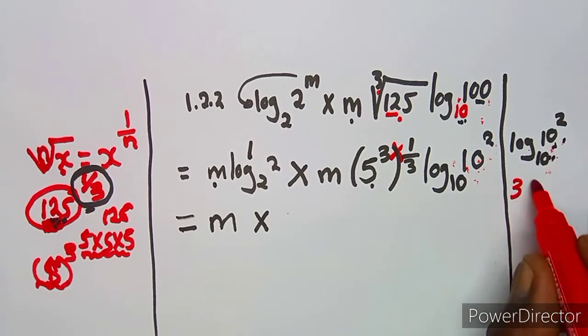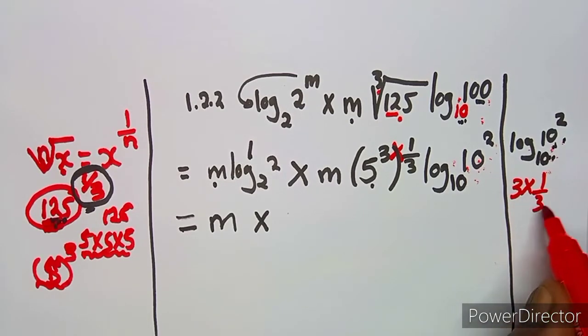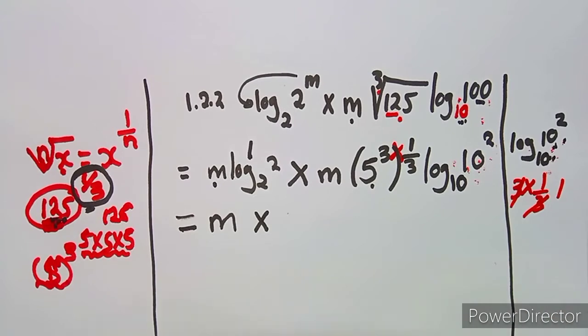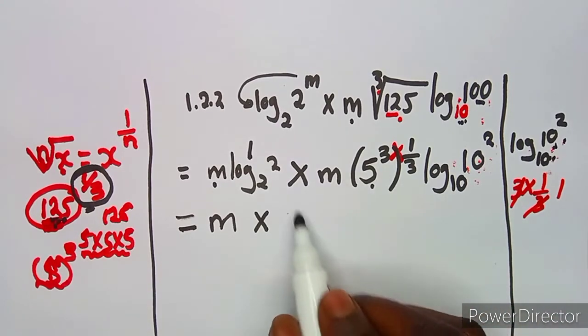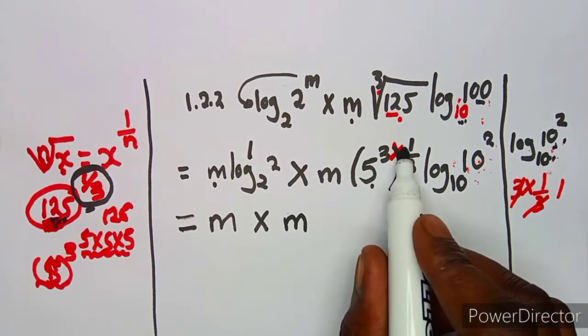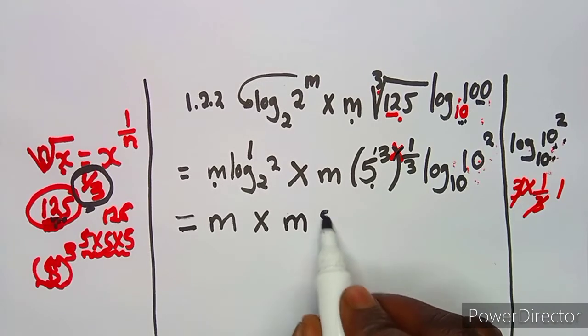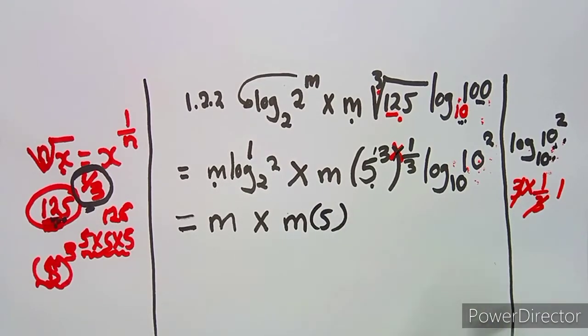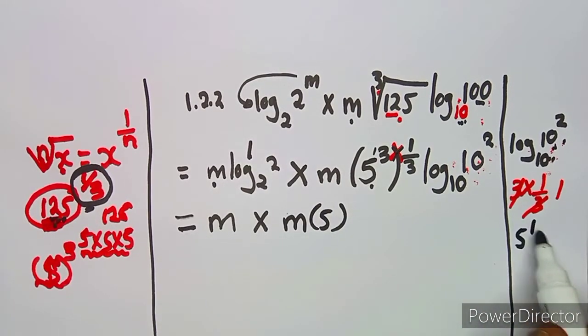So that's 3 times a third. That's going to give us a 1 directly. So you're going to obtain 1, so it's going to be times m. So it's 5 to the exponent of 1, like this, which is the same as 5.